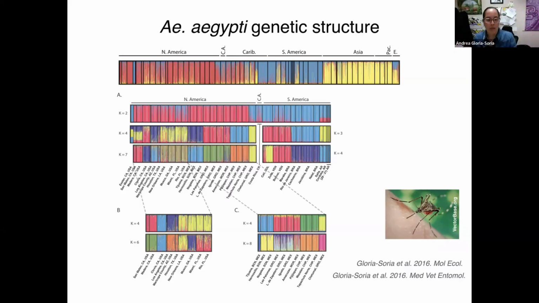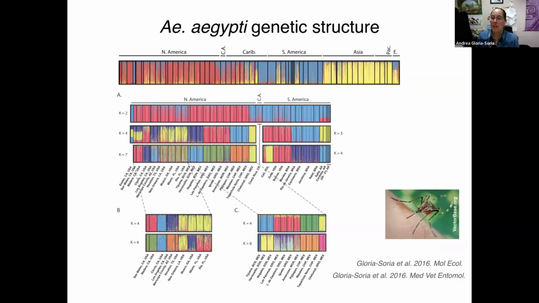Sorry, my pointer is not working, but you can see structure all the way down to even the state level, here represented on the right in Mexico, on the left in the United States. And so what I'm trying to show you here is that at the regional level and up to the state level, we have a characteristic genetic signature of these mosquitoes.